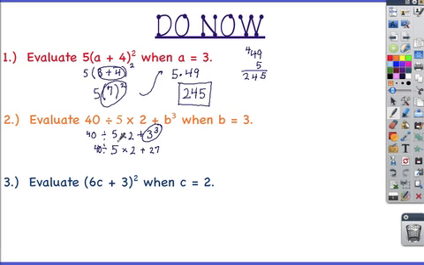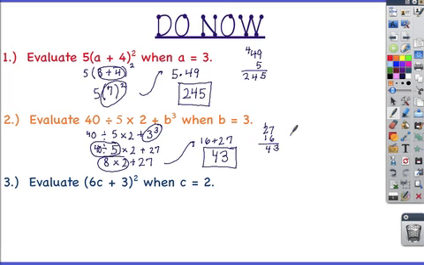Next comes multiplication and division from left to right. 40 divided by 5 is 8, and then I recopy everything. Next comes multiplication. 8 times 2 is 16 plus 27, which gives us our answer 43.